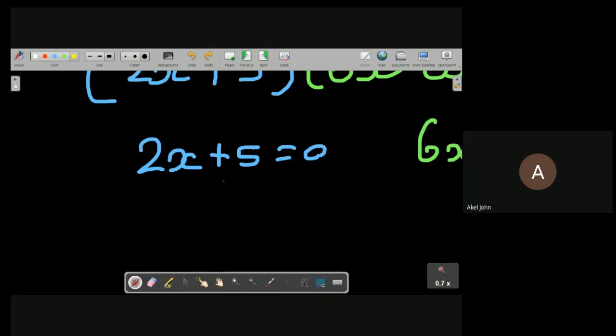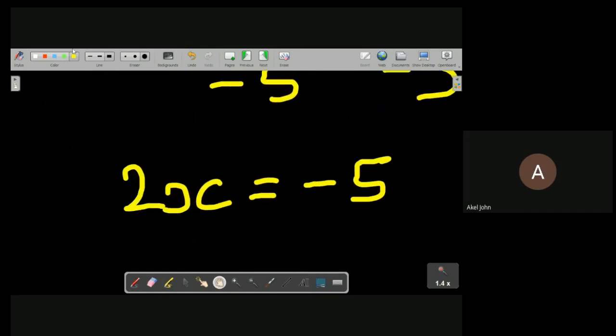So we need to subtract 5 on both sides, leaving 2x is equal to negative 5. Remember, the 2 and the x represents multiplication. Because of that, we need to use the inverse of multiplication, which simply means to undo.